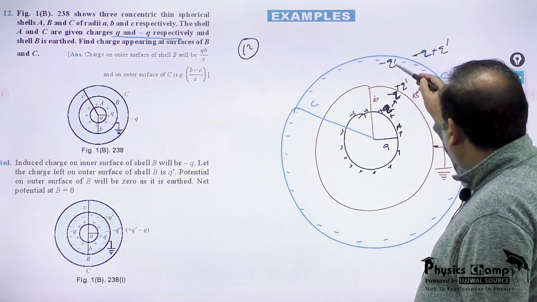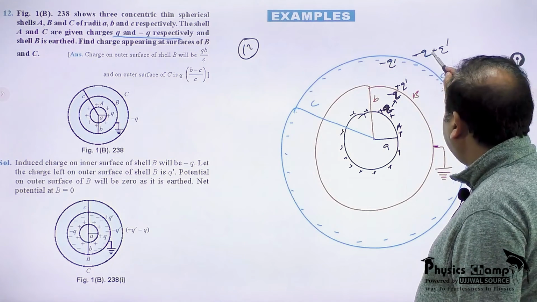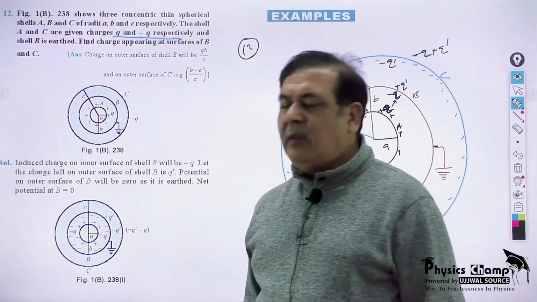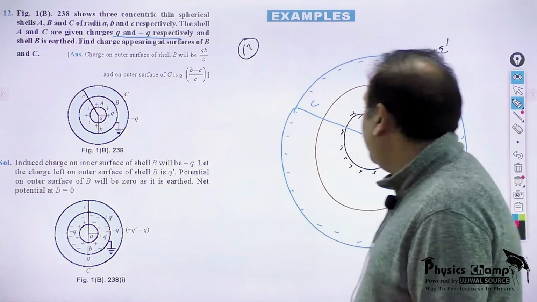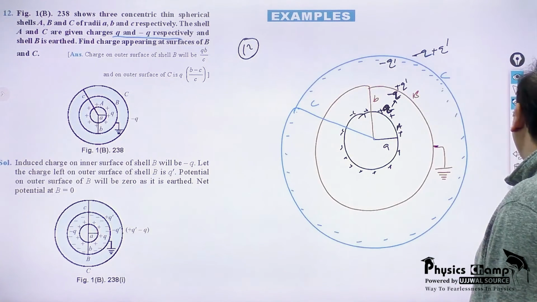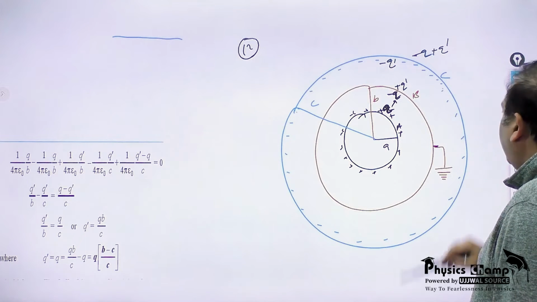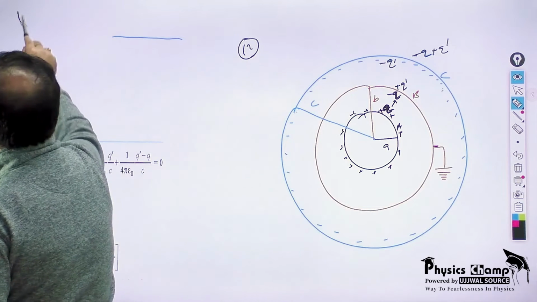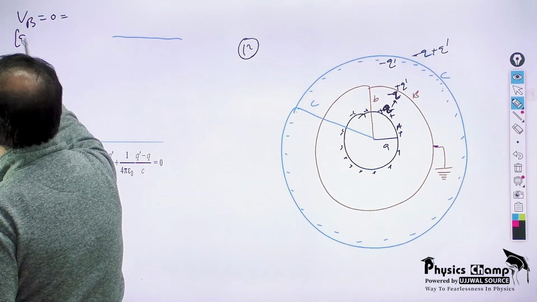And then plus Q dash, and then it will go as here induced charge minus Q dash and here minus Q plus Q dash. So in this situation, one thing is clear, that is net potential on B is 0. So the interesting part is, I want to get how much is Q dash. One thing is there, net potential on B is 0 because it is earthed.